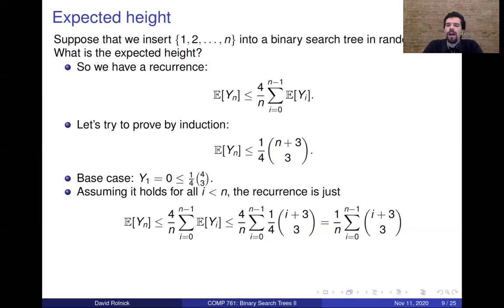We have an inequality here. How can we go from this to what we want to prove? We would like to show that this is less than or equal to a quarter of n plus 3 choose 3. How can we do it?